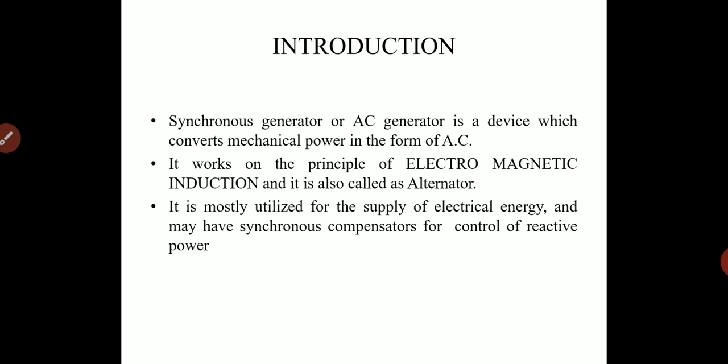In simple words, as this machine rotates with a synchronous speed, hence the name synchronous generator. Later we discuss the equation for synchronous speed and how synchronous speed is related to the frequency, that is the frequency output of the alternator.